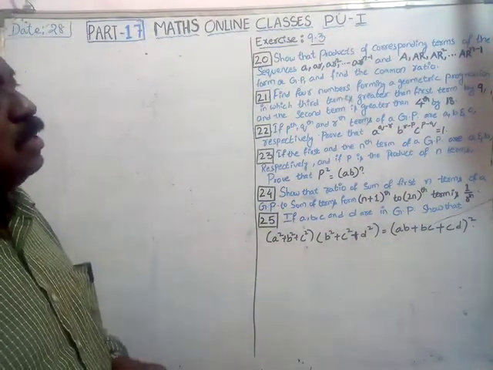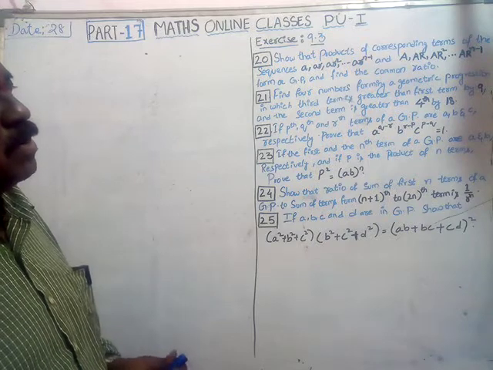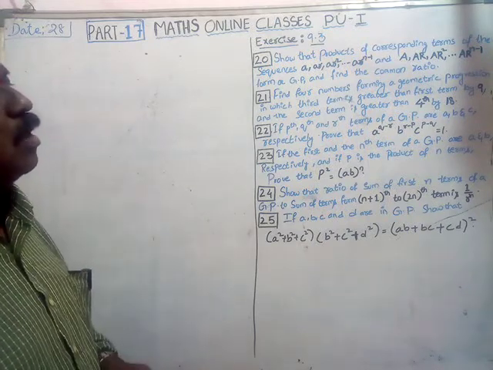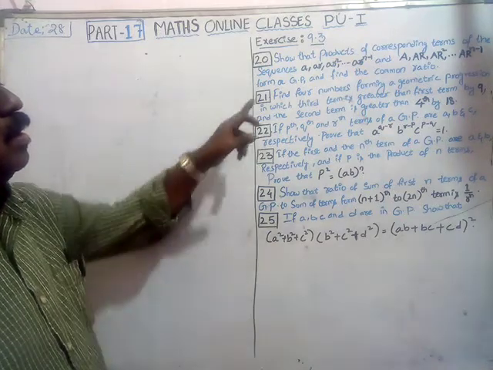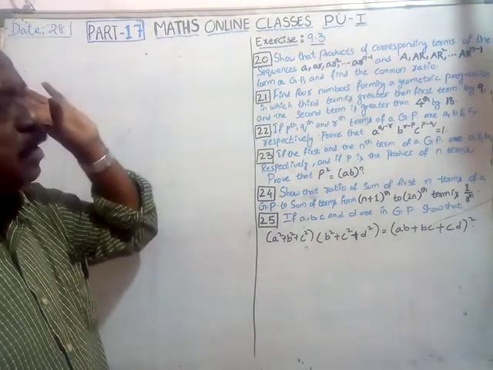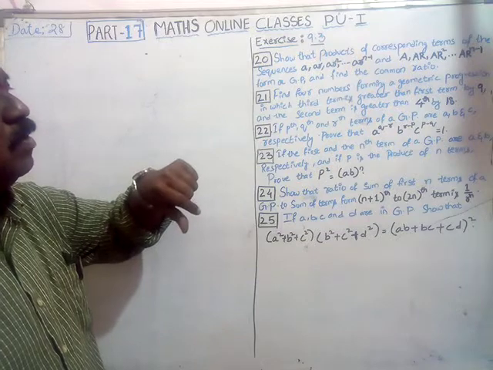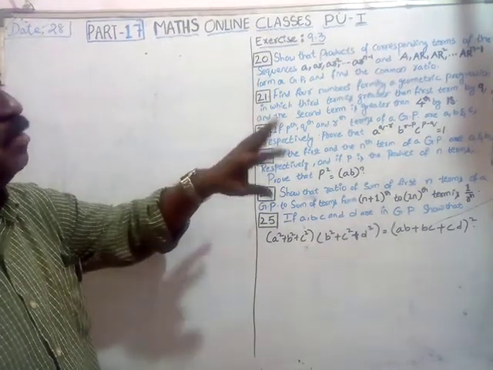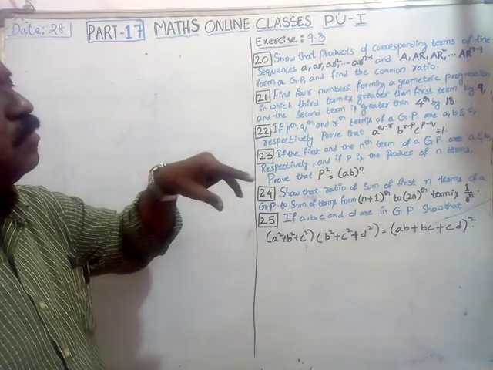20th problem. Show that the products of corresponding terms of the sequences form a GP. Of course, the given sequences are also GPs.